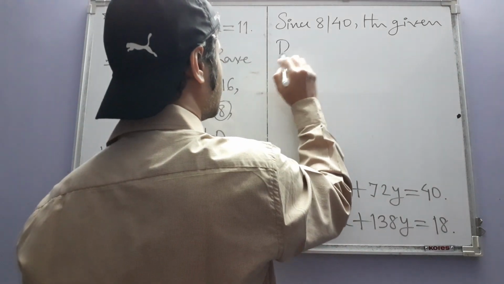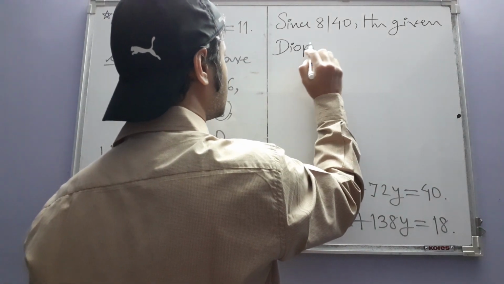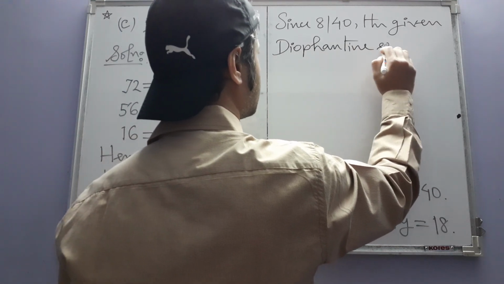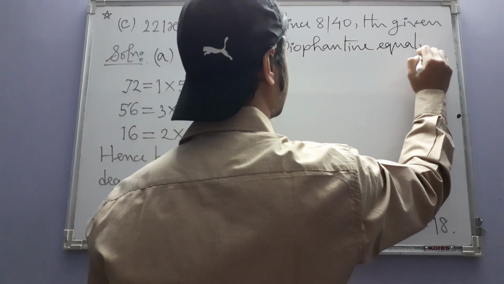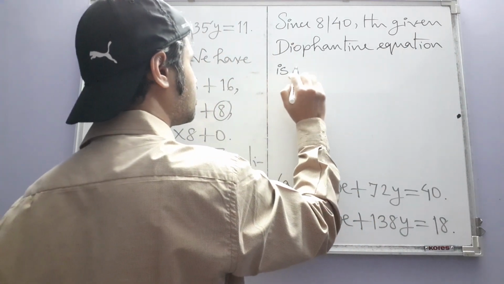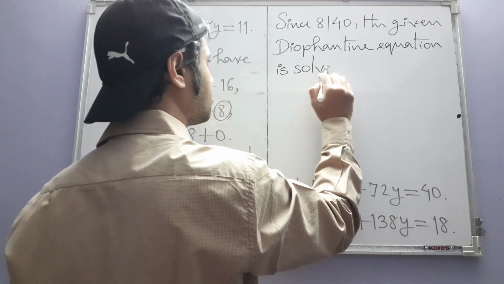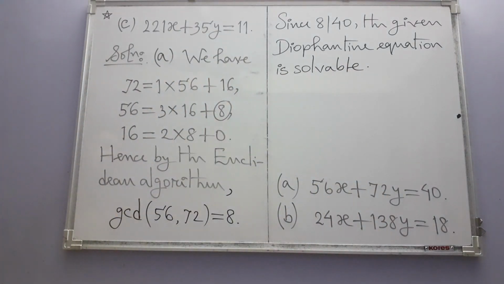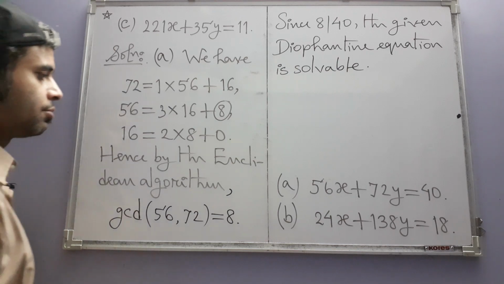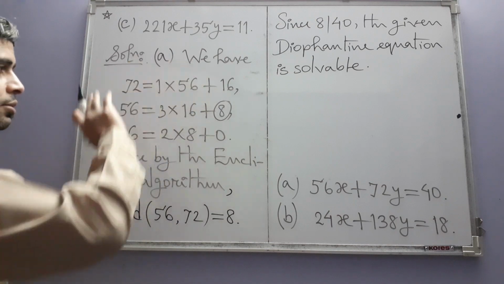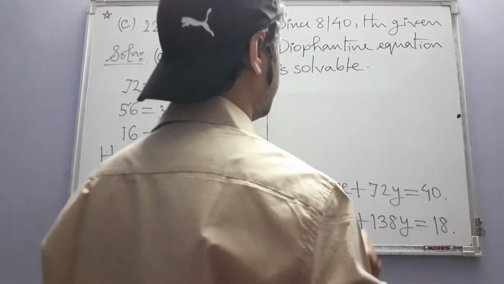The given Diophantine equation is solvable. Okay, now let us express 8 by going through this equation in the reverse order.